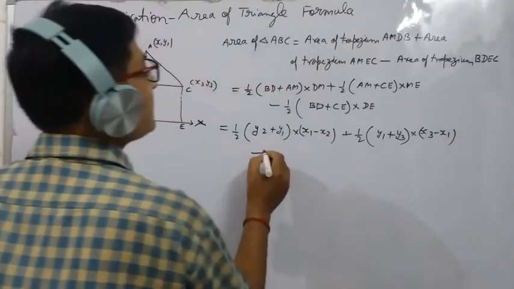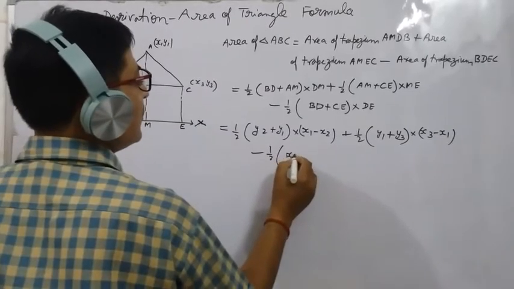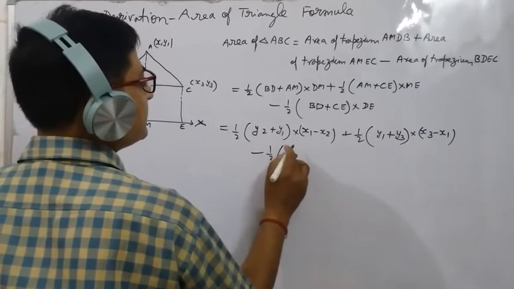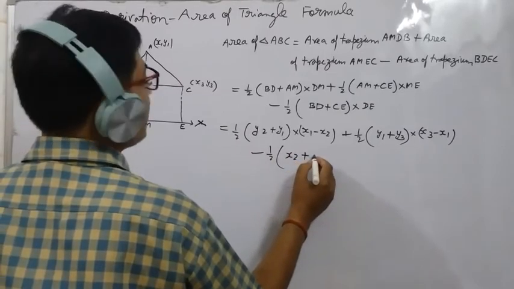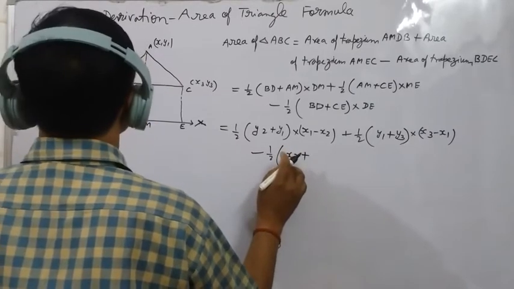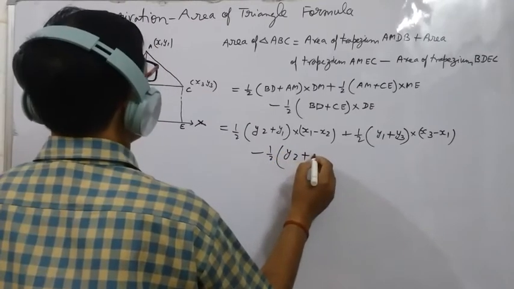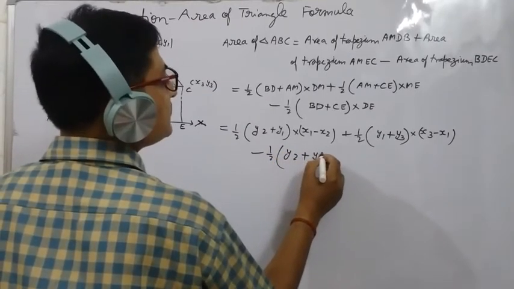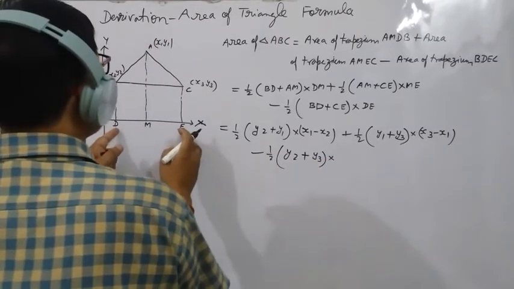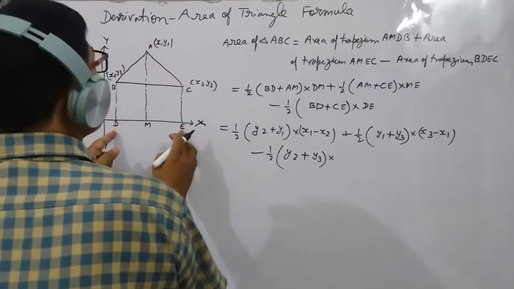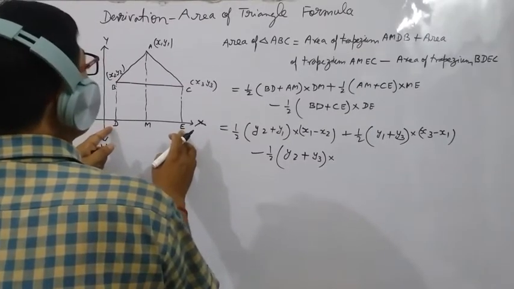Now minus 1 by 2, BD is y2, plus y3, into the length DE, which is x3 minus x2.